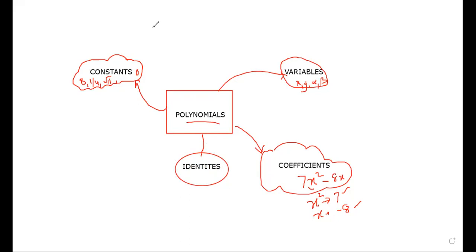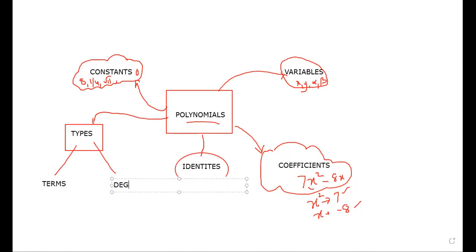Tell me. Quadratic, linear. So actually types is based on two things. Like you have seen types of triangles based on sides and based on angles. In the same way, types of polynomials are again based on two things. One is number of terms, and the other is based on degree. So here a new word is coming, degree.